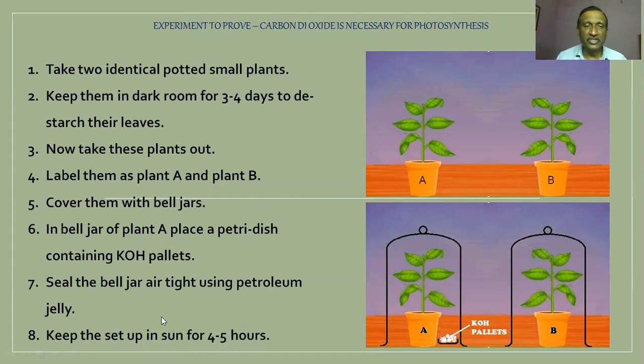I'm teaching this in late April in Rajasthan, and the sun is very bright at that time. So even 2 or 3 hours are enough. But if we do the same experiment in monsoon, we probably have to keep it the full day because sunlight may not be available, only diffuse light. Or during winters, it may require 4 to 5 hours. So you have to use your common sense.